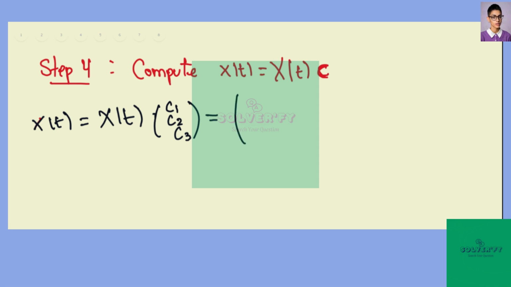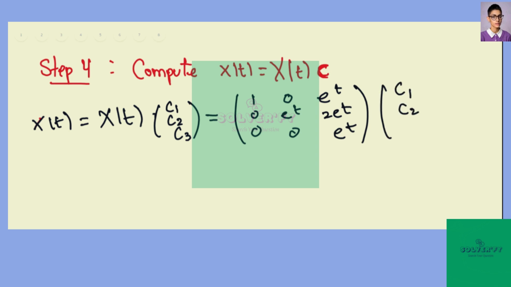Okay, so let's do this. We multiply the matrix with columns 1, 0, 0, then 0, e^t, 0, and e^t, 2t e^t, e^t, times the column vector C1, C2, C3.